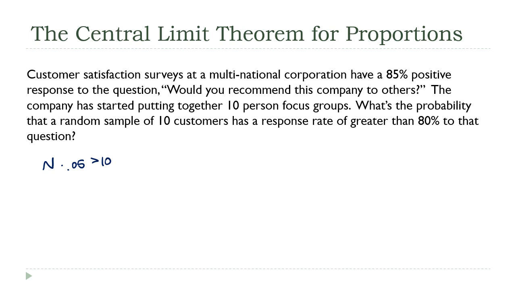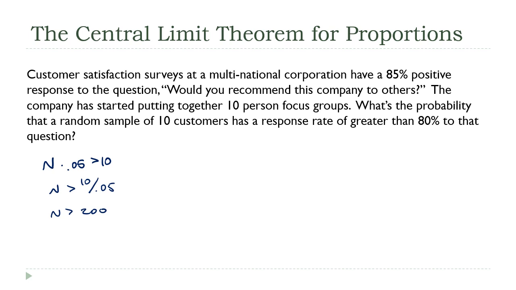So if we divide both sides by 0.05, we get N is greater than 10 divided by 0.05. That comes out to 200. Well, a large multinational corporation probably has more than 200 customers. So we're going to check that box off and say that one is okay. If you're actually doing this in a practical situation, you could go and ask and find out their customer count and know for certain.